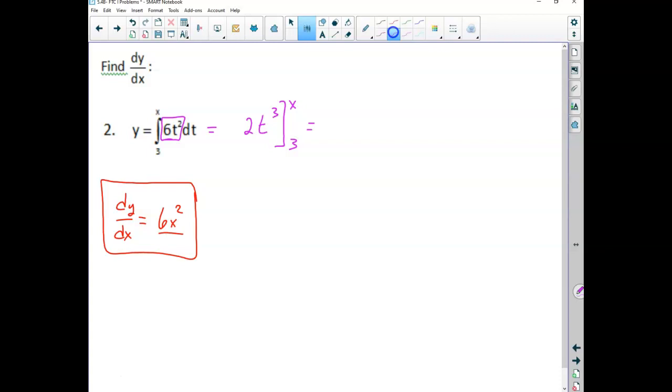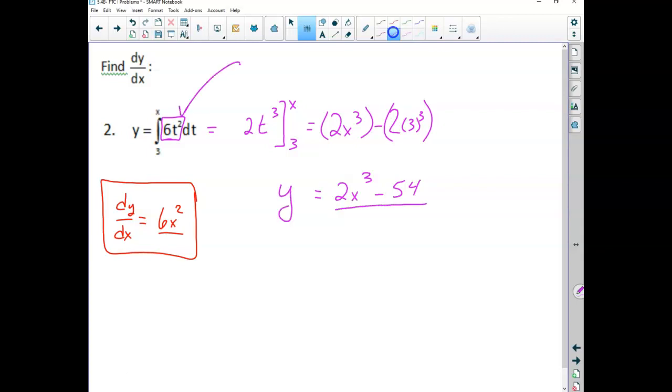That's going to equal 2x cubed minus 2 times 3 cubed, which is 2x cubed minus 54, since 3 cubed is 27 times 2 is 54. That just means this is my function. This is what it looks like when it's defined as an integral.